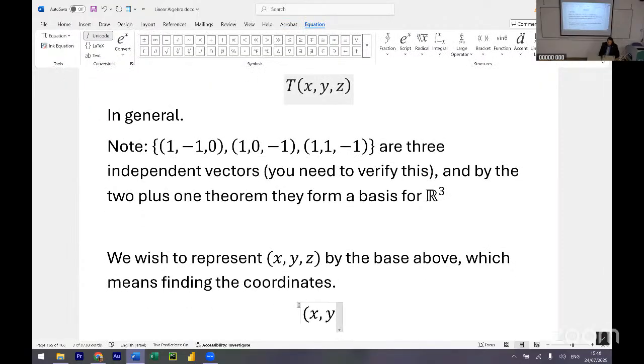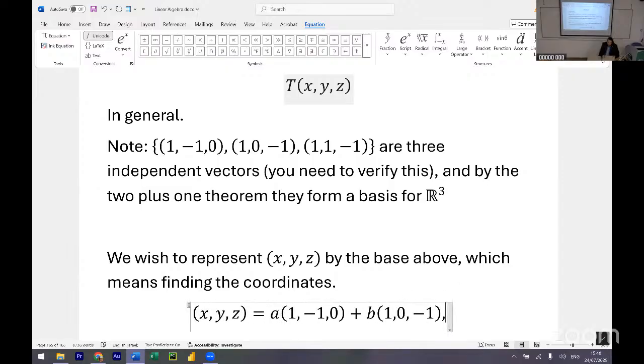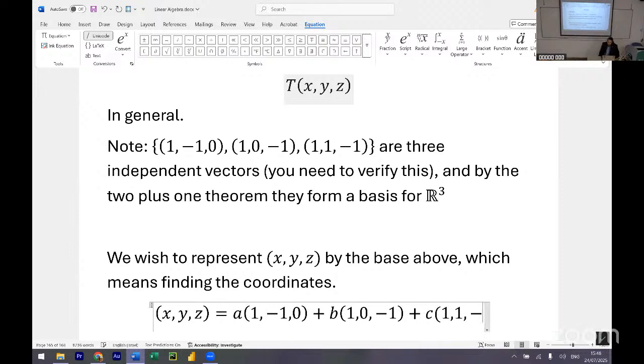So we say (x, y, z) equals a times the first vector plus b times the second vector plus c times the last vector.